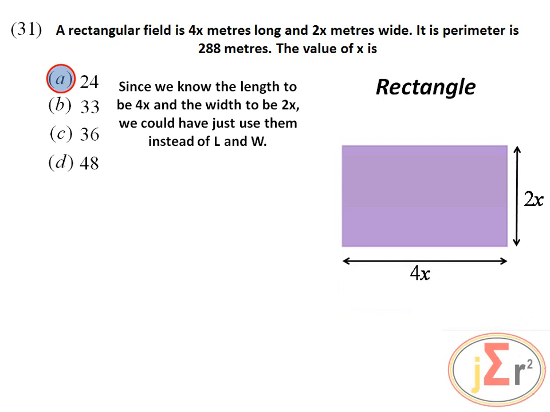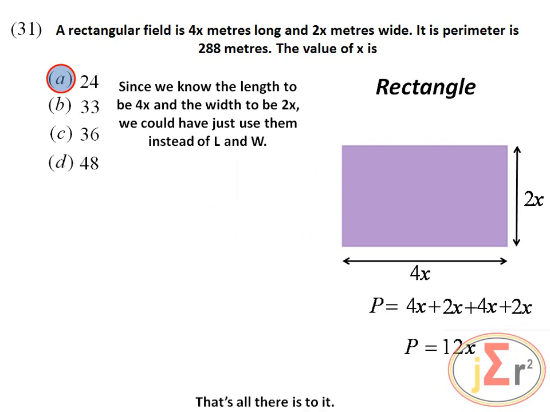Then the perimeter would have been equal to the length first, which is 4x, then the width, which is 2x, another side which is of course equal to the length, 4x, and the final side also that is equal to the width, that also is 2x. So the perimeter is equal to 12x as before. That's all there is to it.